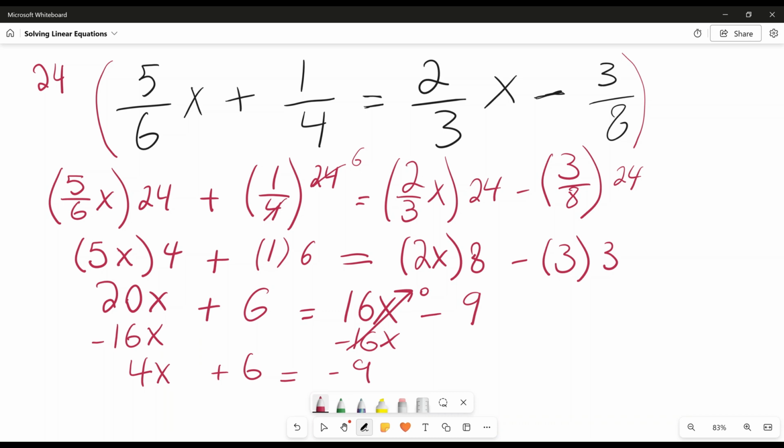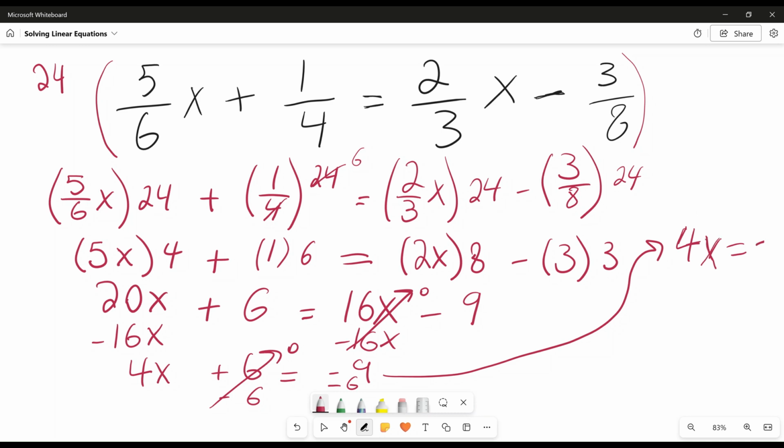Negative 9. That means I'm going to subtract 6 from both sides to move that 6 to the other side. So this is going to be 0. I'm going to move this right here. So I'll be left with 4x equal negative 9 minus 6, negative 15.